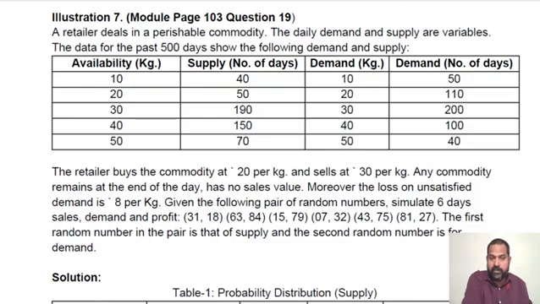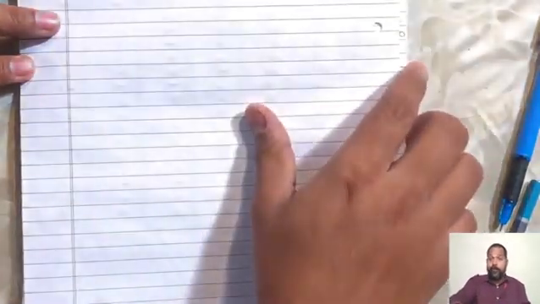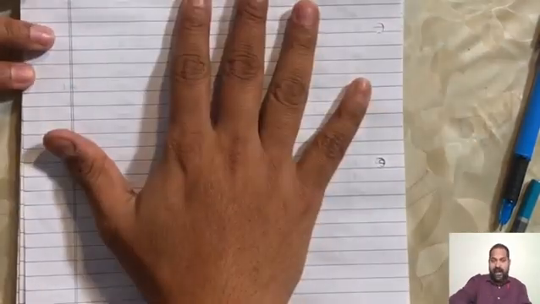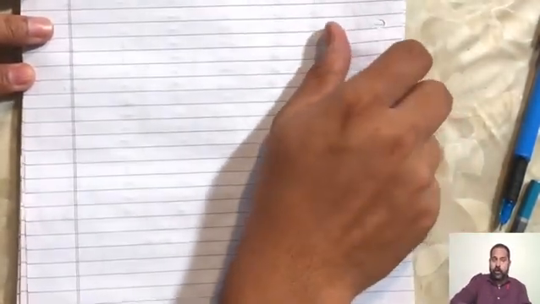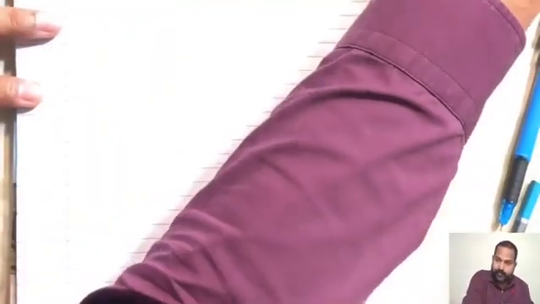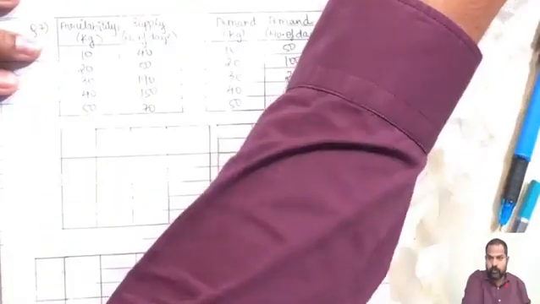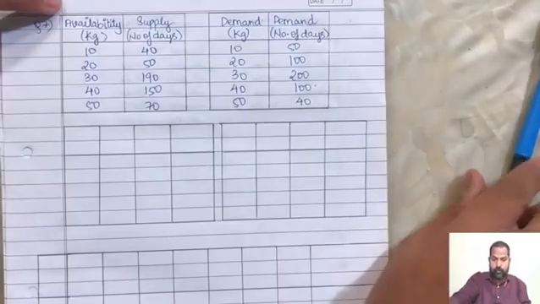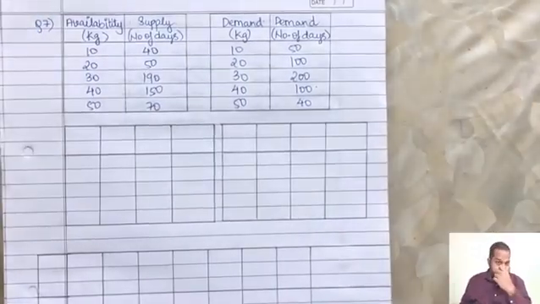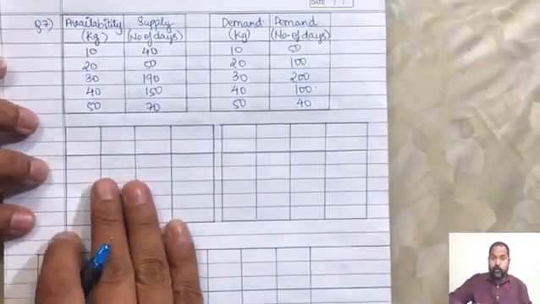Let's start changing frequencies to probabilities. But like I said, it's too many tables to draw. So let me do one thing. Let me quickly get the tables ready. I have the table ready with me. What am I going to do here?